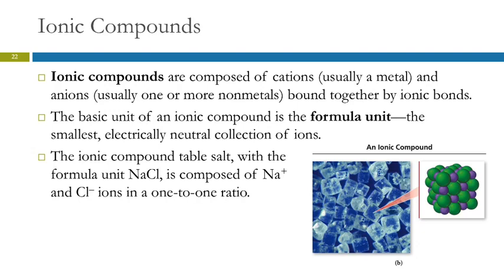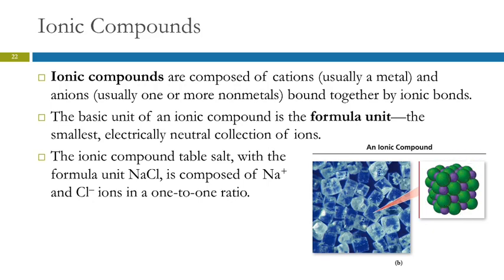So the smallest unit of an ionic compound is not a molecule, because a molecule is a discrete particle with a fixed number of atoms in it. In an ionic compound, we have this arrangement of alternating atoms. And if we put some more sodium and chlorine in there, they're just going to stick and add on.